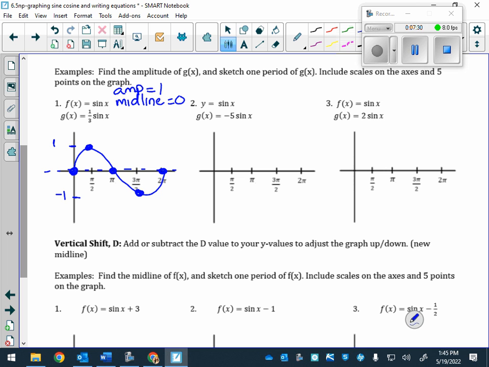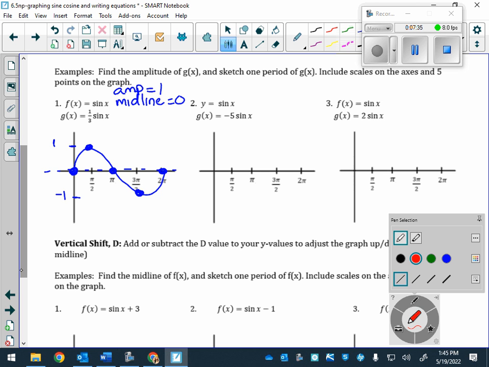Now, looking at g of x, what does my amplitude change to? 1/3. Our amplitude, the number in front, is now 1/3. So if you have a new amplitude, you start from the midline and count up 1/3 and down 1/3.